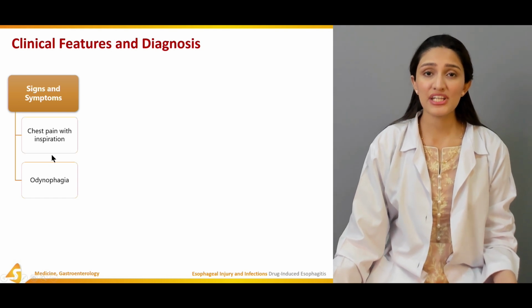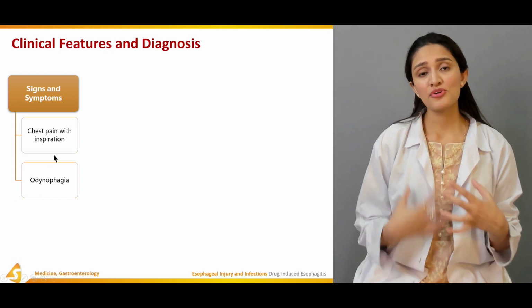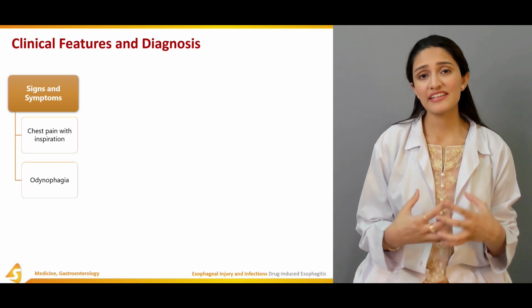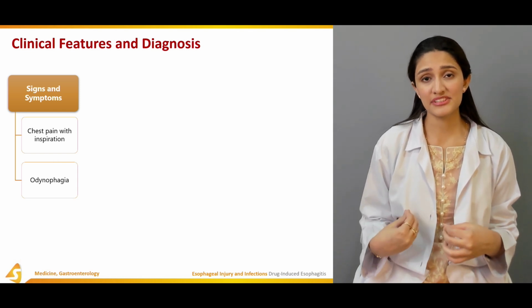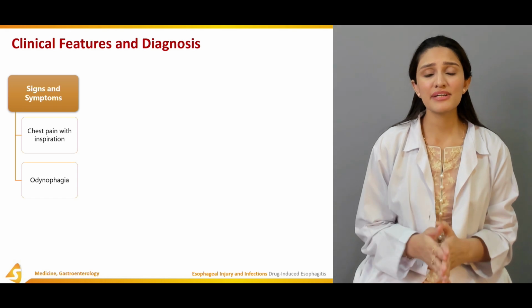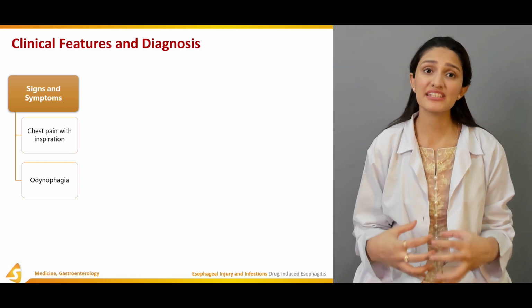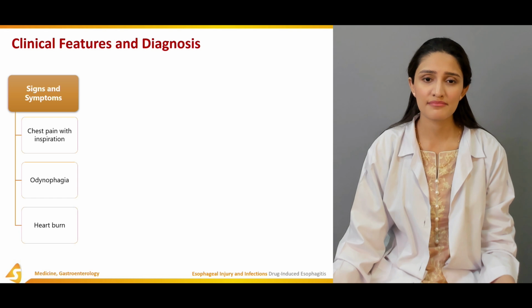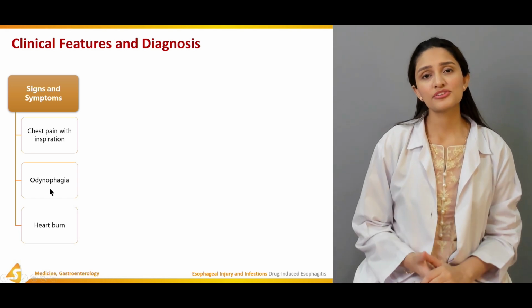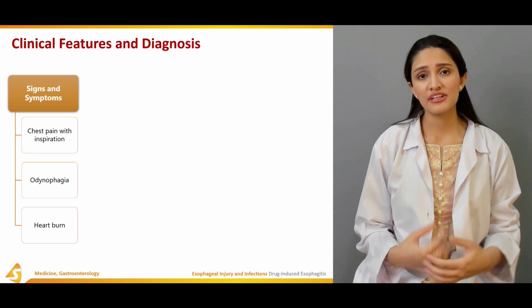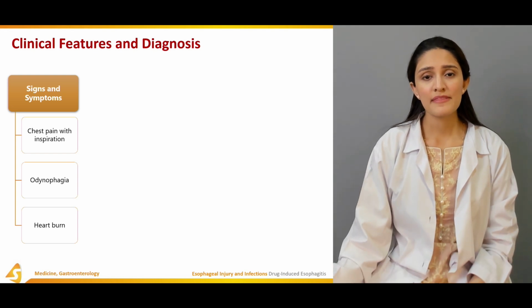The second is chest pain. The chest pain is more toward the central chest, and it can also radiate towards the back. This chest pain is more specifically present during inspiration. And the patient can also present with heartburn within the epigastrium.